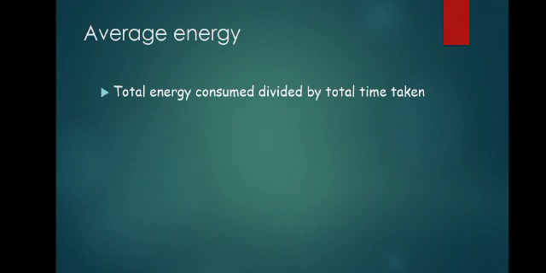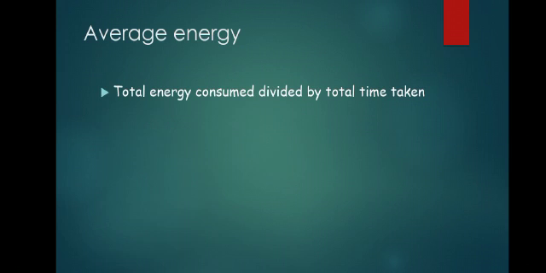Now we are going to learn what is average power. The power of an agent will vary with time. This means the agent may be doing work at different rates in different intervals of time. Sometimes we do faster work, sometimes the work will be slower.